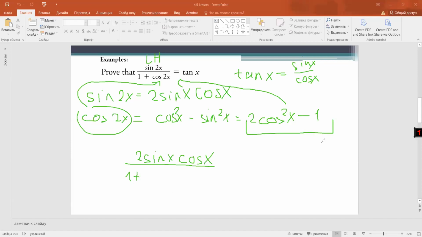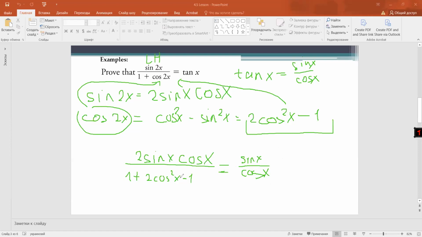And if we substitute this part for cosine 2x, right-hand side, we're going to get 2 cosine squared x subtract 1. Is that correct? As soon as we have plus in front of the brackets, no signs are changed inside. And right hand side is tangent x, which equals sine x over cosine x, right?